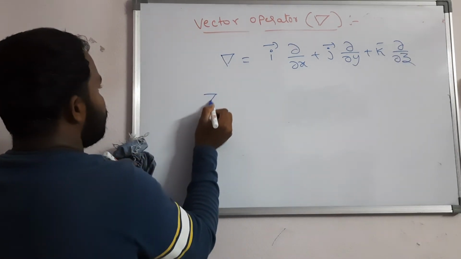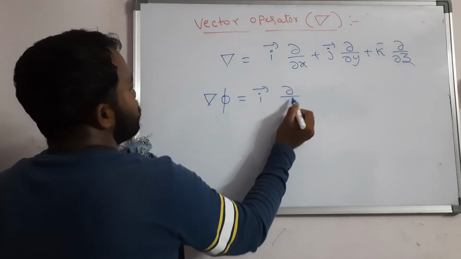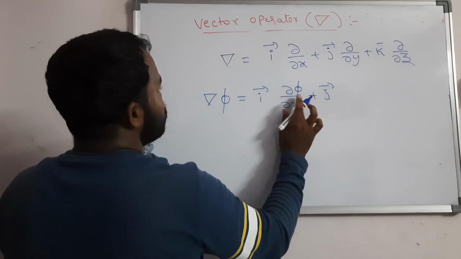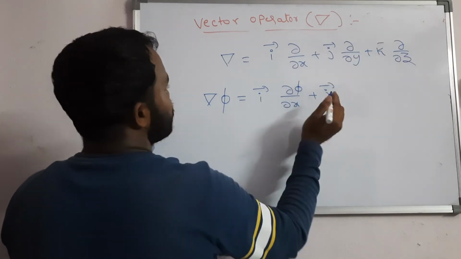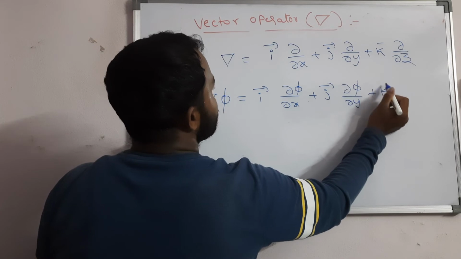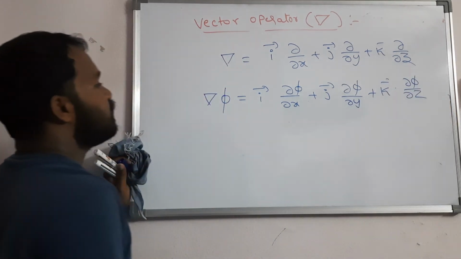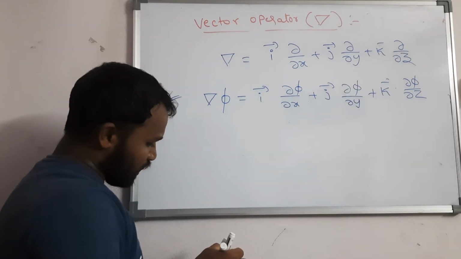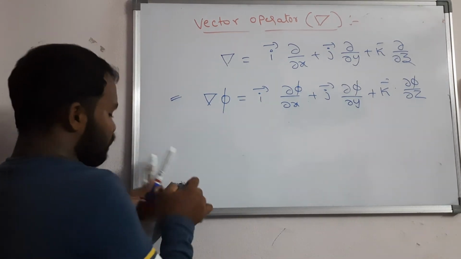If I take some function pi or psi, whatever it is, it is i bar into dou pi by dou x plus j bar into dou pi by dou y plus k bar into dou pi by dou z. This is about the vector operator. Here i bar, j bar, k bar are the vector operators.